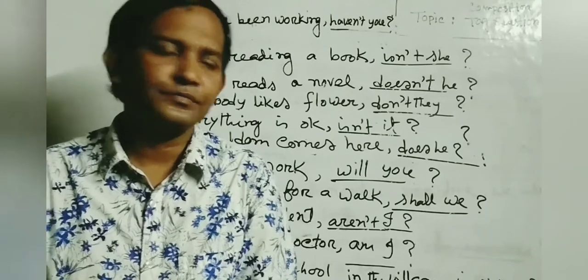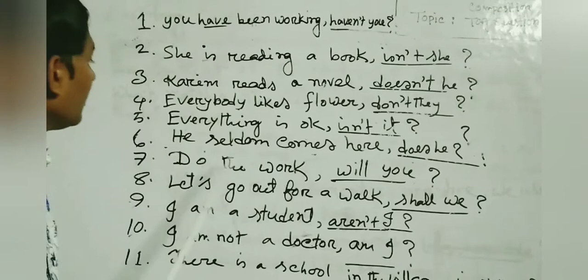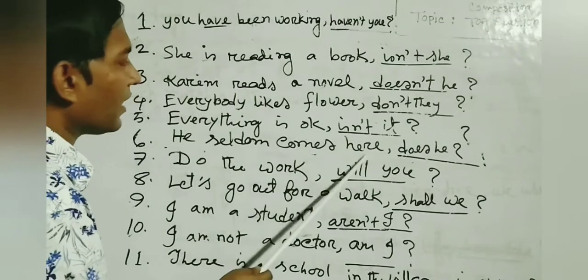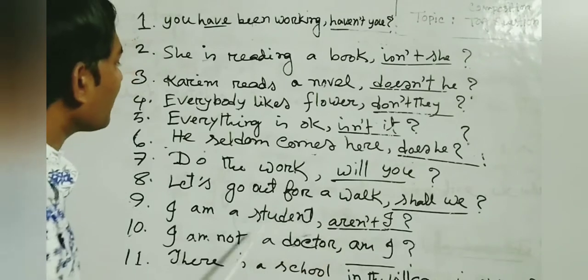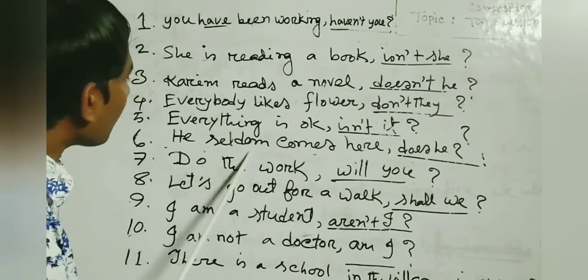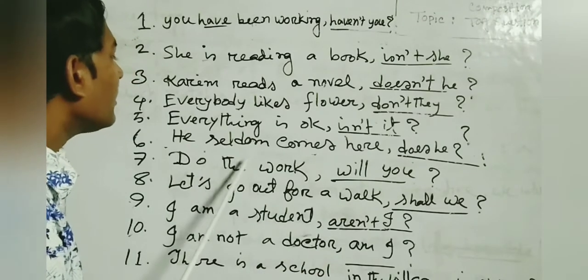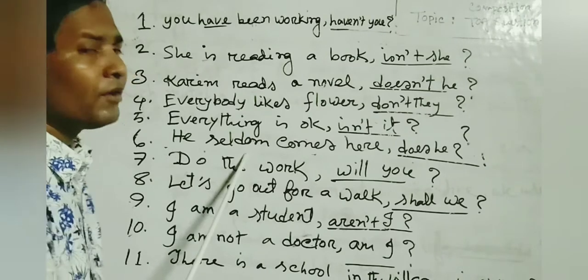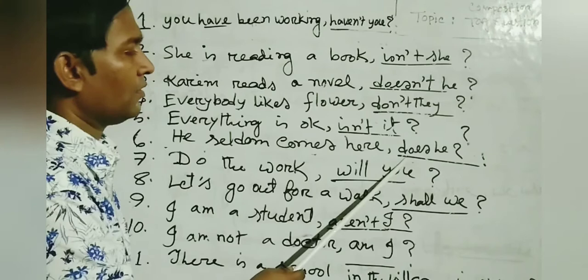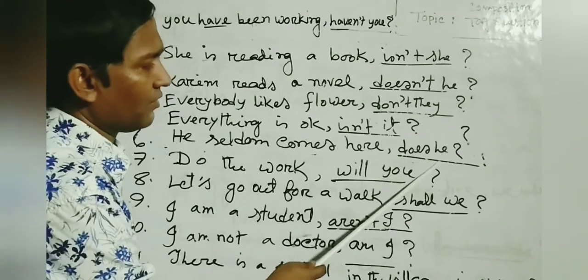For example, he seldom comes here, does he? In the sentence, seldom is a negative word, so the tag will be positive. The answer will be does he.